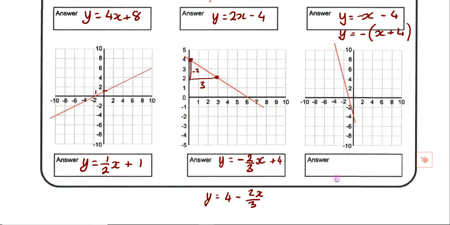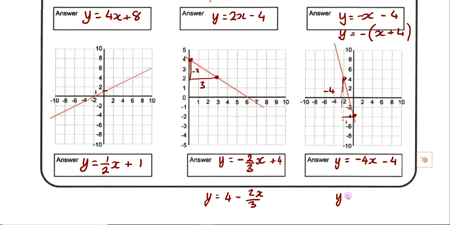And finally, y equals negative 4x minus 4. You think so? Let's just check. We've got a point there, and the next point is down there. So it is a drop of 4, negative 4, and across 1, so it is negative 4, and it crosses negative 4.